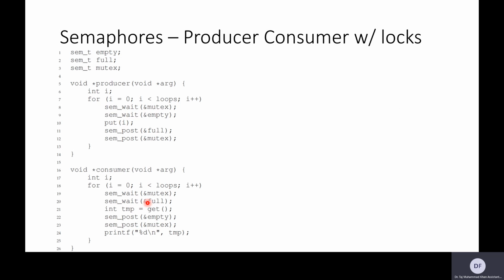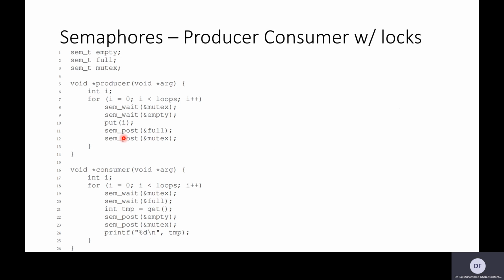And since full was initialized to 0, this semwait will decrement the value of full to negative, and it will go to sleep. So this consumer thread will go to sleep while holding this mutex. Now, if any other thread runs, again it will try to acquire the mutex and it will go to sleep also.